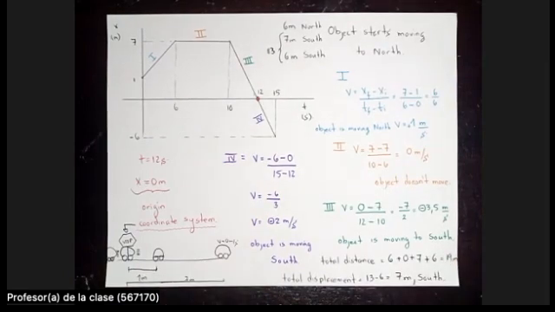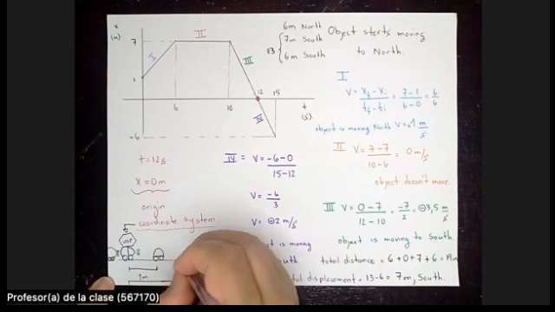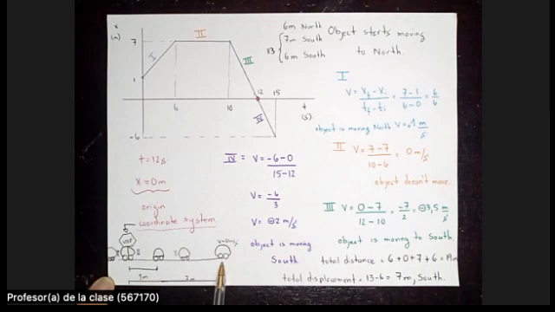Okay, and look at this. The car is here, south from the stop signal, because the object starts moving first to the north, then it stops, and then turns back to the stop signal at 12.